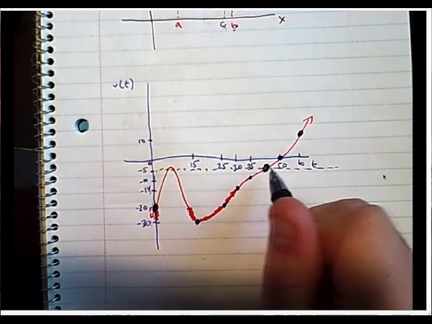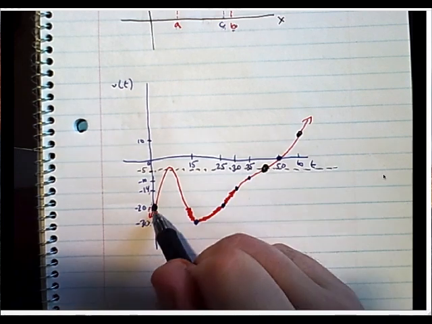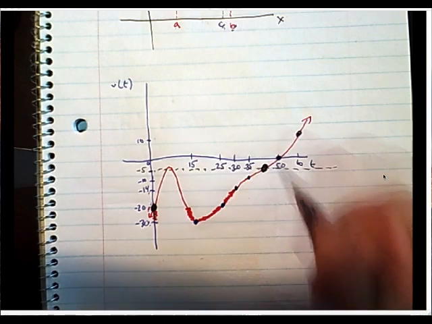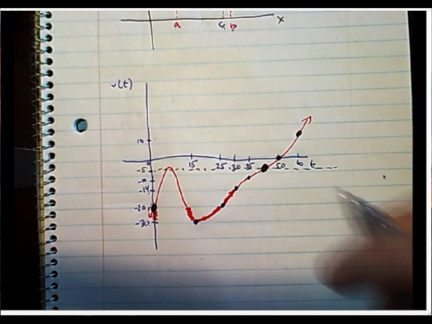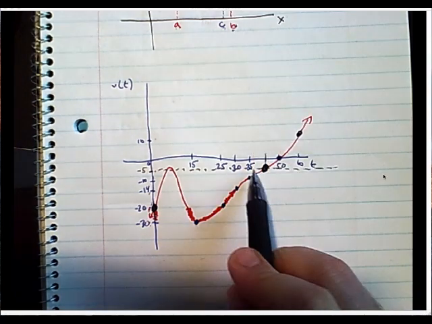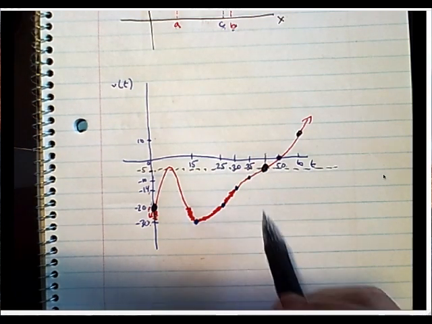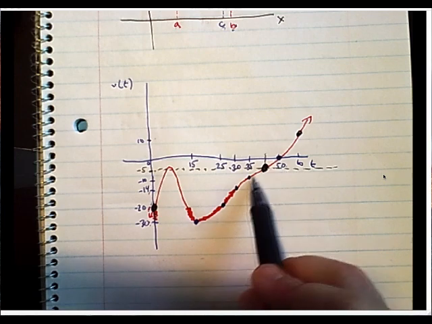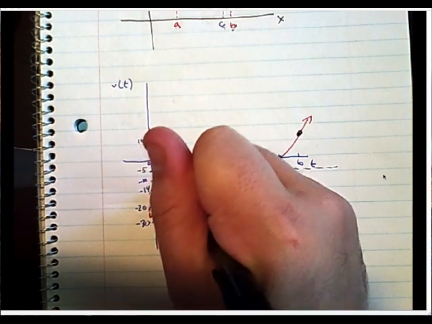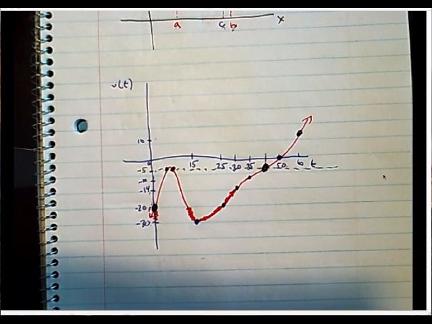And -5 is between -20 and +10. So I'm guaranteed to find at least one value that works. In this case, there's got to be at least one value between a time of 35 and 50, because those are numbers between -10 and 0. It could happen more than once. It could happen 1,000,000 times. It could happen 100 times. But I'm guaranteed that it happens at least once.